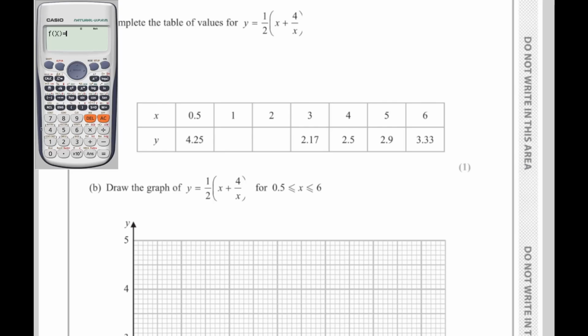So I'm getting mode 7. F of x means y. The y equals part is given by the calculator. You need to input the rest.